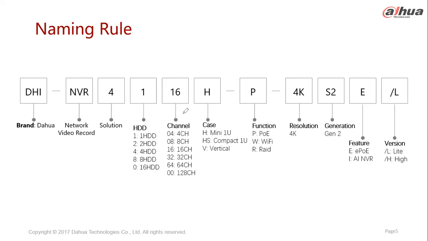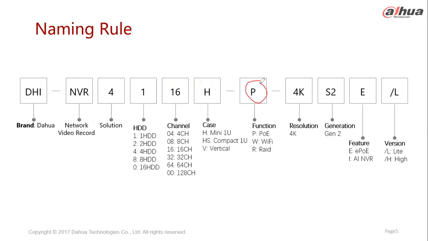If you want to know the number of channels, that is the number of devices that NVR can accommodate, it is the value that follows that. H comes in terms of casing. So if you want to maybe install the NVR in a rack, you can confirm with the case before purchasing it.